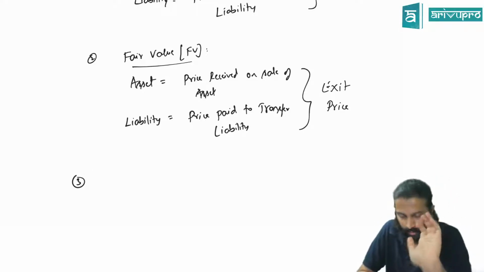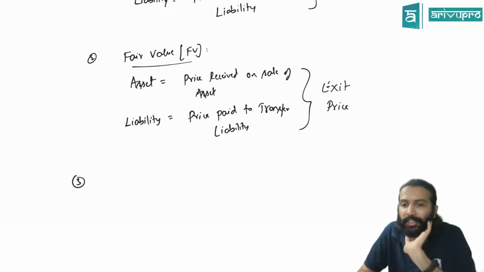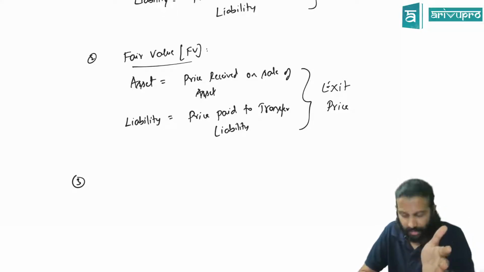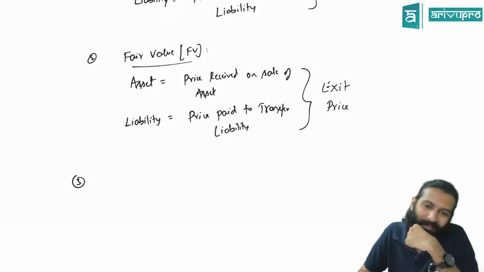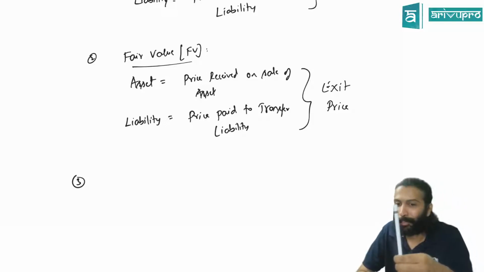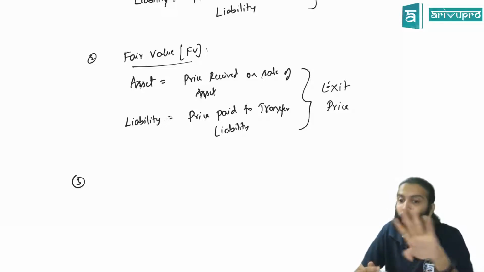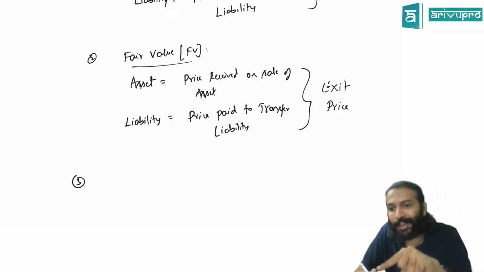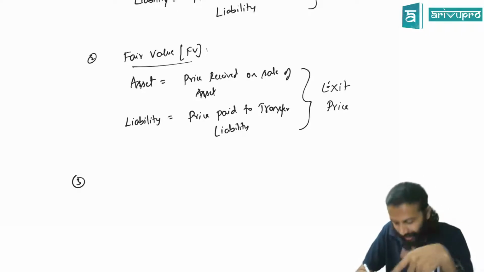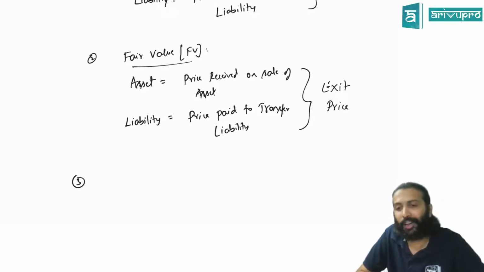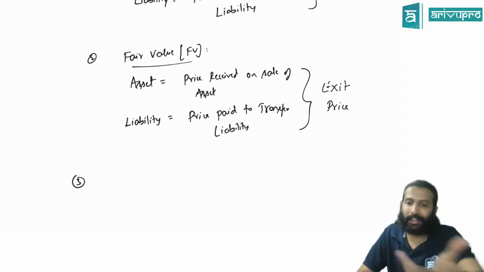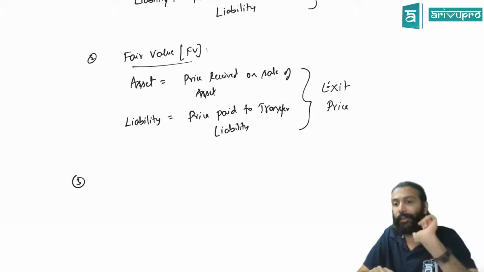But there could be some differences, because if you are a related party. I just gave an example, a pen. Price was 5,000, but did I sell it to my cousin at 5,000 or 4,000? 4,000 is the transaction price, but its fair value is 5,000. There could be a difference between fair value and transaction price. Normally they will not be, but under certain circumstances there could be some difference.